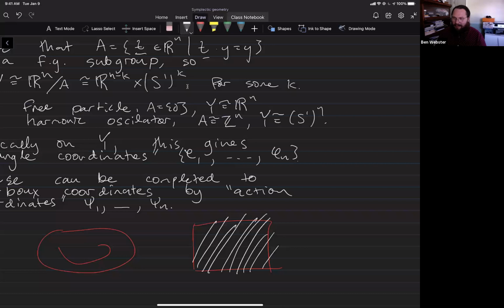For example, I mentioned this on the first day, there's this question: if you take a ball of some radius and a cylinder whose radius is a little bit smaller, can you symplectically embed the ball in the cylinder? It's an interesting mathematical question, which has no obvious physical significance.